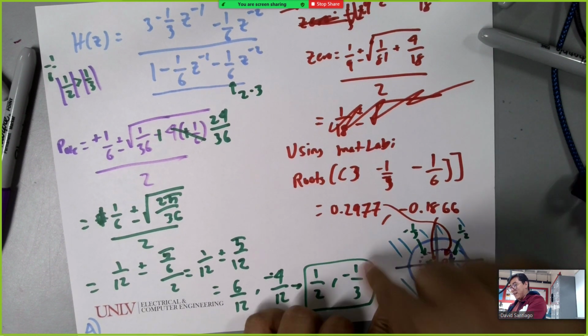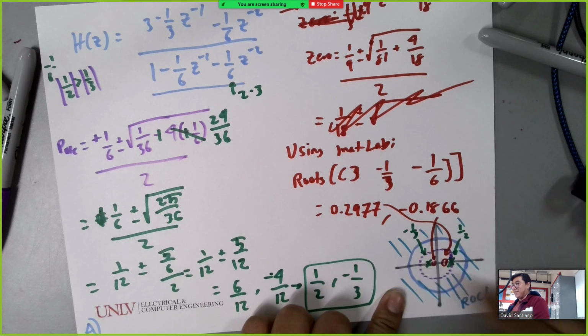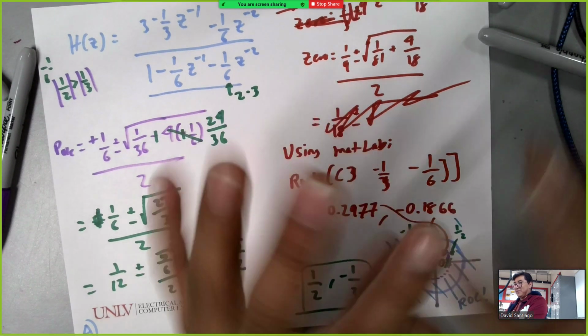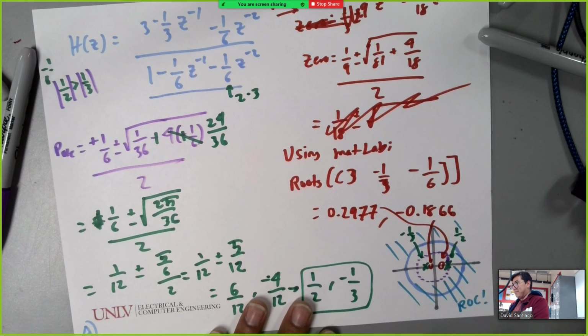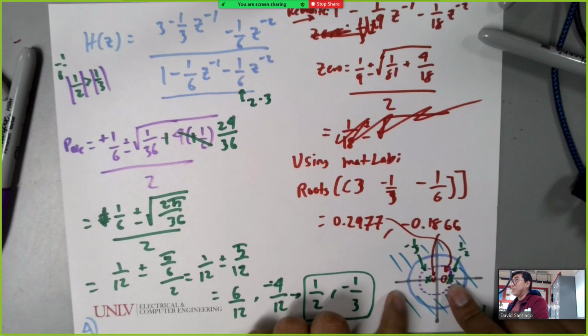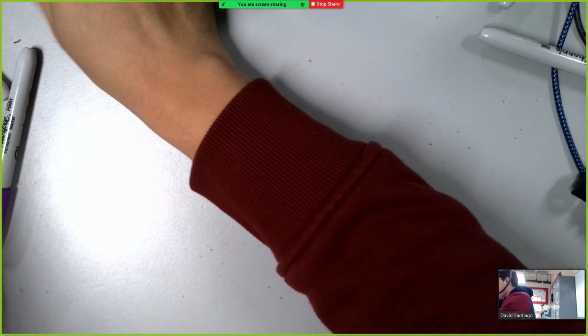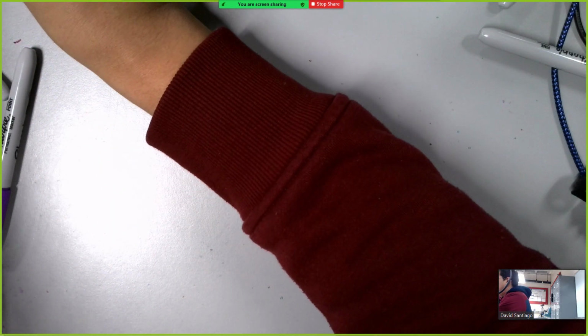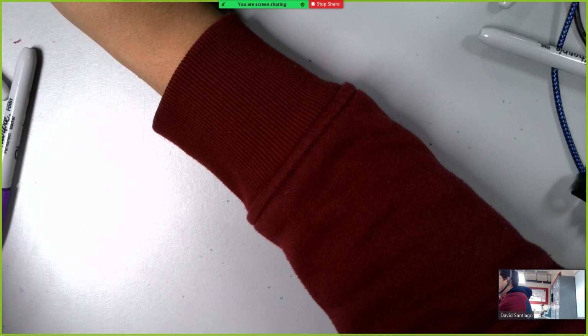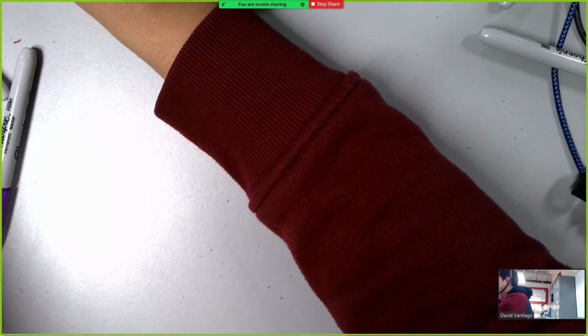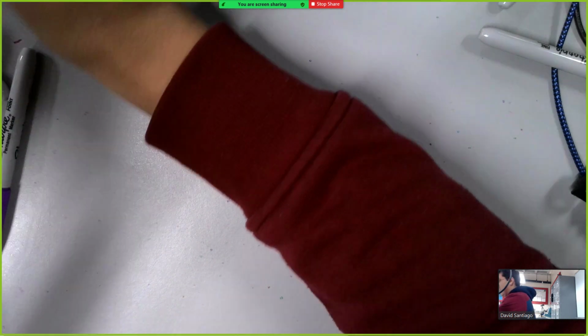If the pole was outside, that means it would have to be a left-sided function, which means you would have to invert it in a way. Maybe I'll talk about that at the end. But now we know what to expect from our actual impulse response. And I will show you that on the next page. Okie dokes. And don't worry, I'm going to prove this in Matlab too.